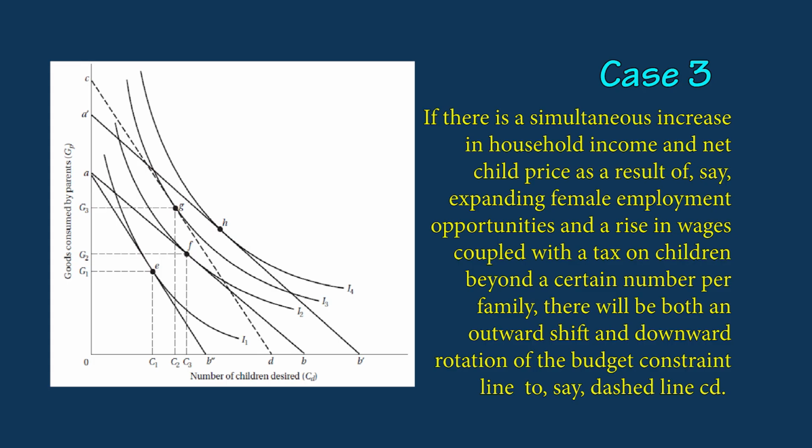There will be both an outward shift and downward rotation of the budget constraint line to, say, dashed line CD. So for case 3, please focus on the budget line CD. So there is a parallel outward shift as well as rotation.